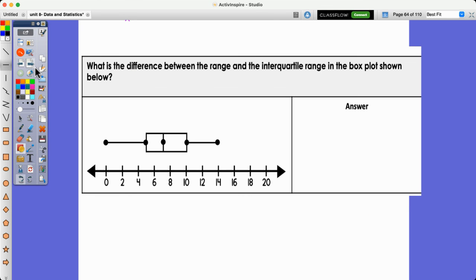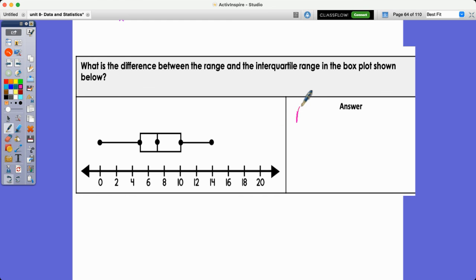Okay, we're going to do one more problem. It says, what is the difference between the range and the interquartile range in the box plot shown? The first thing we're going to do is find the range, which is our biggest number minus our smallest. So we have 14 minus 0.